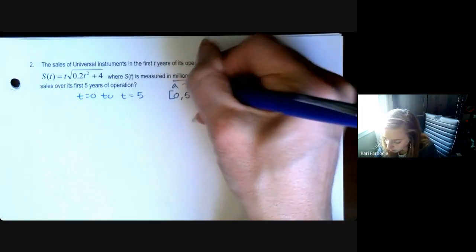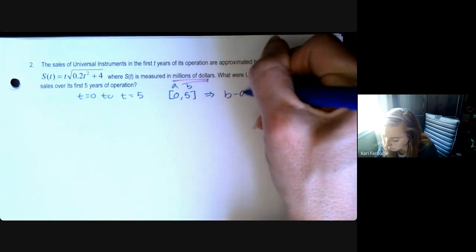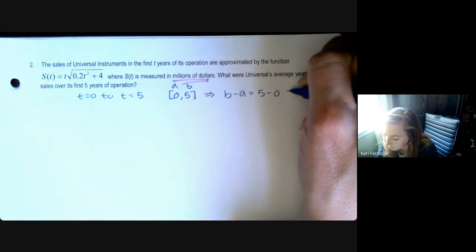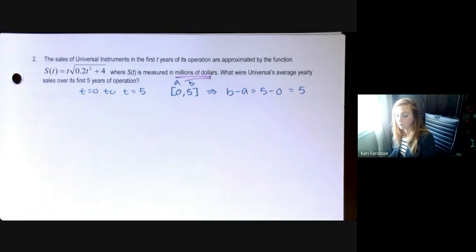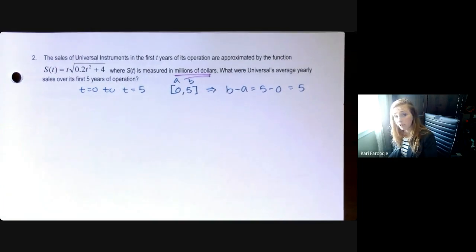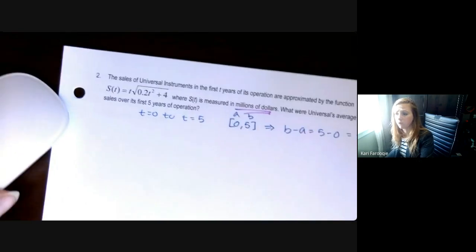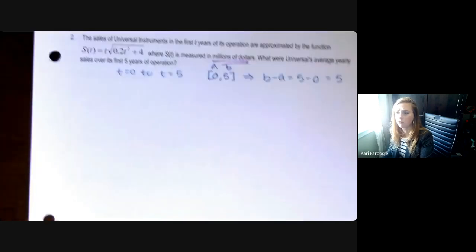Again, this would be a to b, and then b minus a is 5 minus 0, which is 5. Okay, so we're talking about average yearly sales. That's where we're going to be using this average value. We're going to be taking our integral and multiplying it by 1 over b minus a.